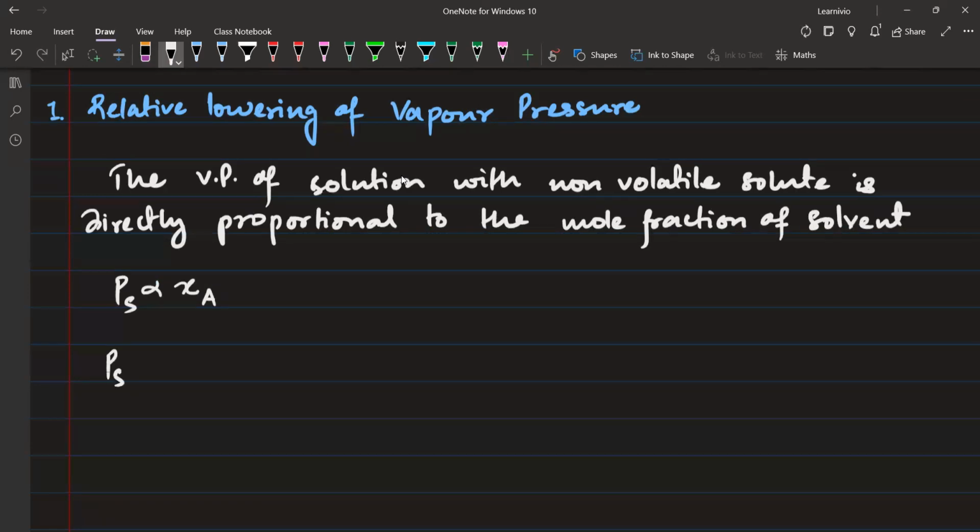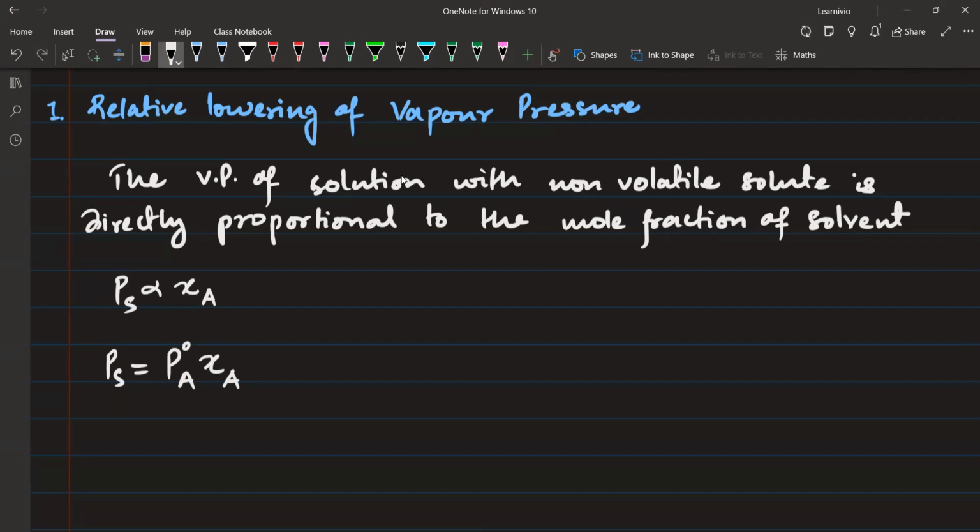So I can say the pressure of solution will be equal to P naught A into chi A. And this P naught is the same as we have seen in Raoult's law, the vapor pressure of pure A. Then P solution will be equal to P naught A into chi A.